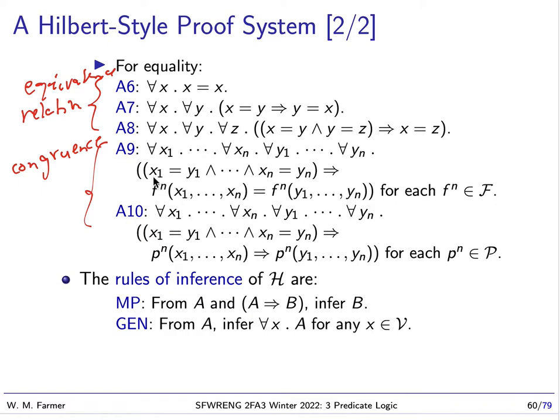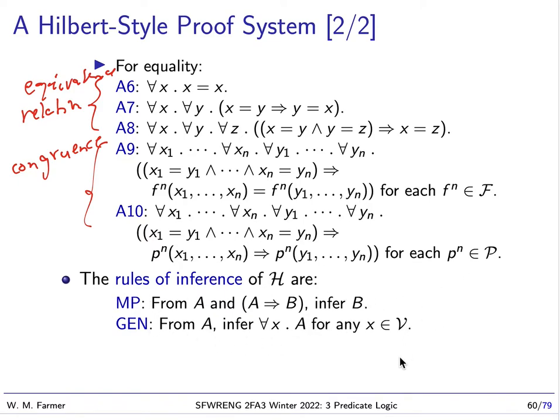So notice, basically this says that if we apply a function symbol to a bunch of arguments, and we apply the function symbol to other arguments, and these arguments match up by being equal, x1 equals y1, and so forth, then the two applications will equal each other. And we have a similar kind of axioms for predicate symbols.